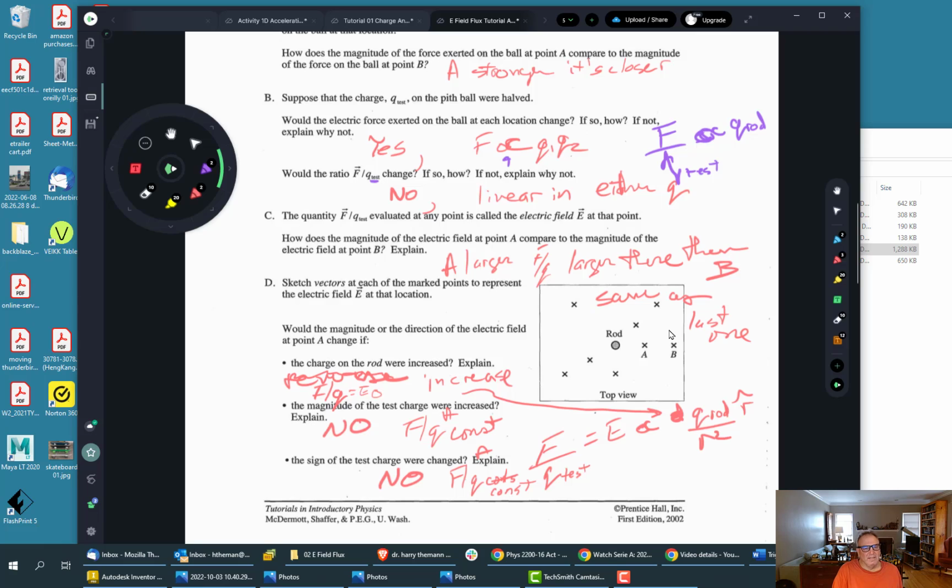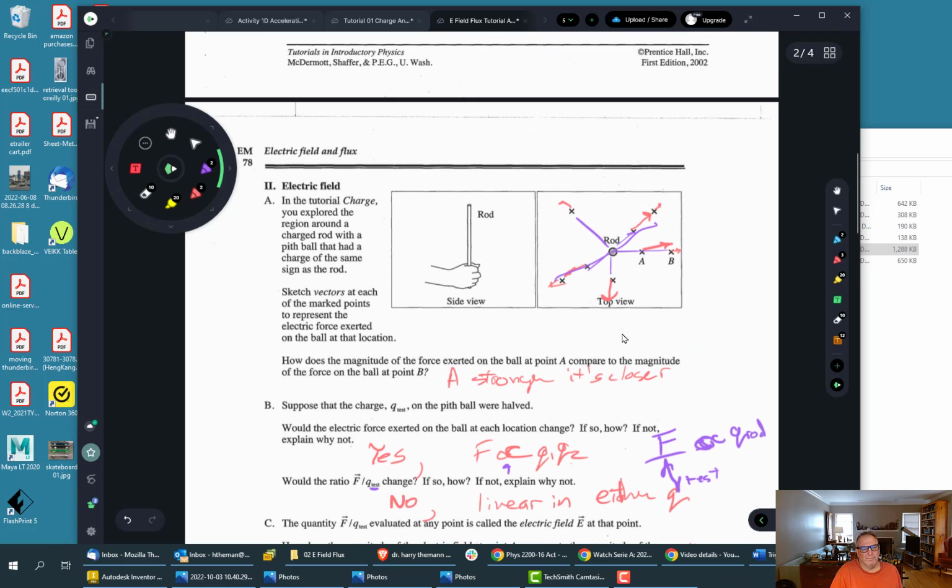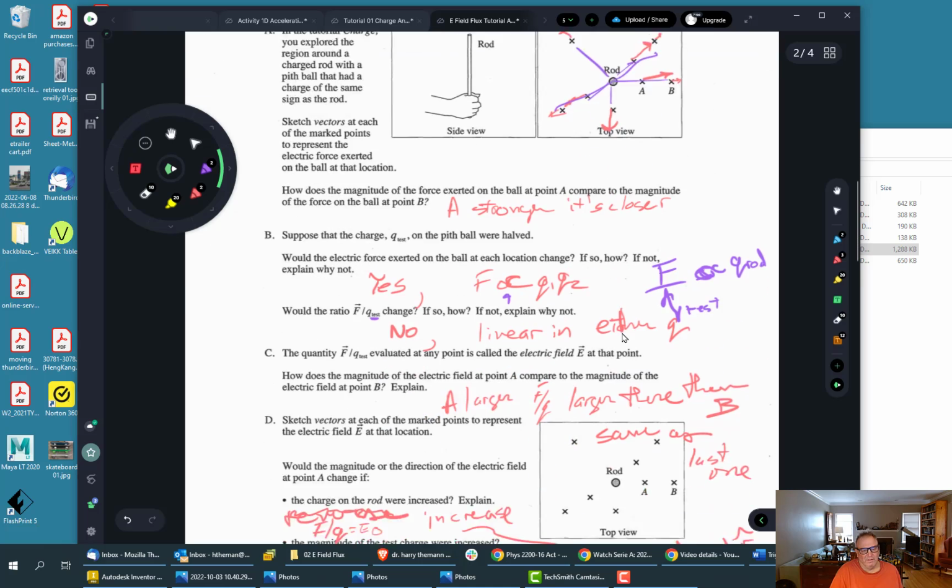And so at A, F over Q is larger than at B, because the test charge being the same each time, the force is larger at A, so it's smaller at B with the same Q test. The ratios are different. Sketch the vectors; they'll be exactly the same as up here, relatively speaking.